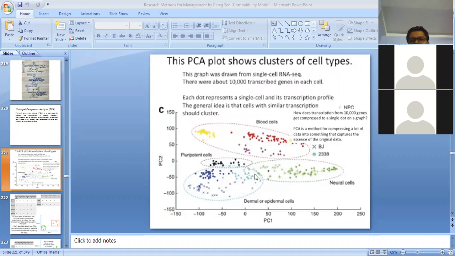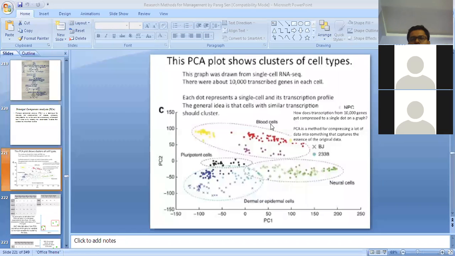So using principal component analysis, you are able to group a number of variables.